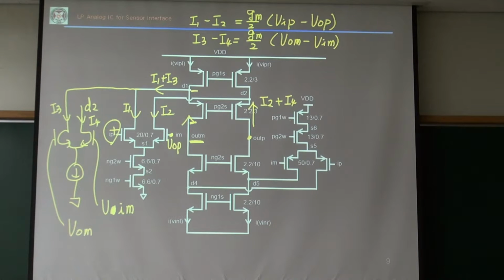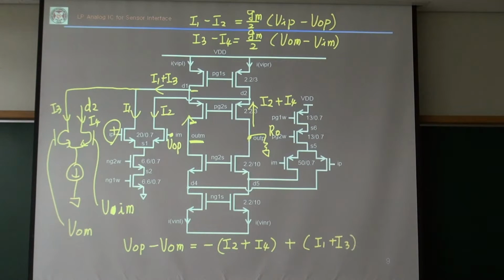I4 flows there. So if I have arrow there, then by VOP, this is VOP minus VOM should be negative, right? Negative I2 plus I4, and then this should be positive I1 plus I3 times RO, okay?